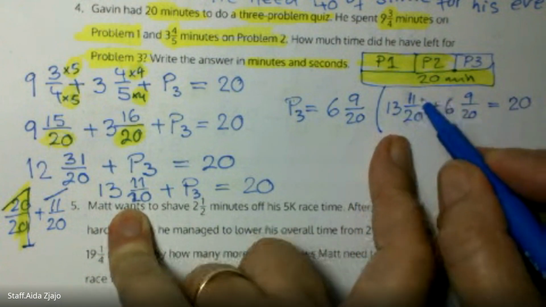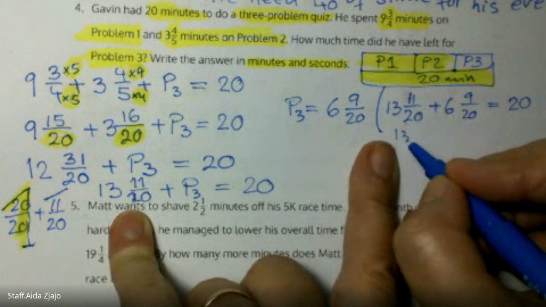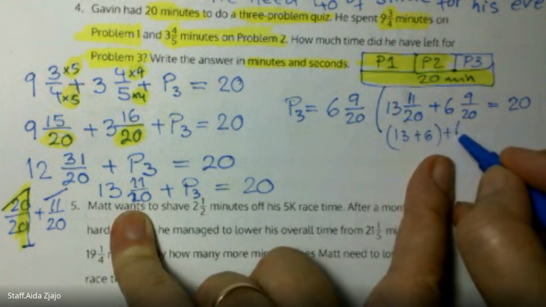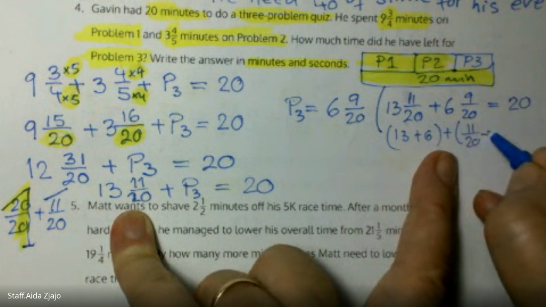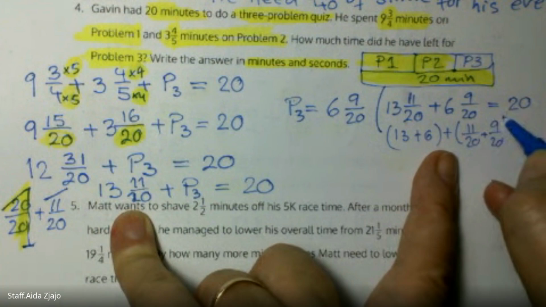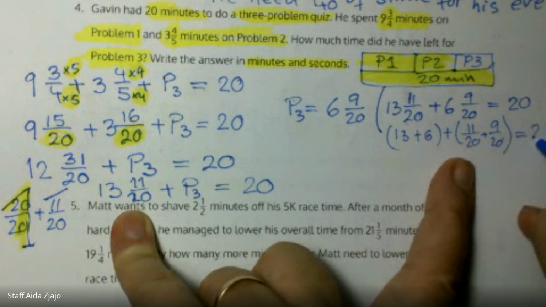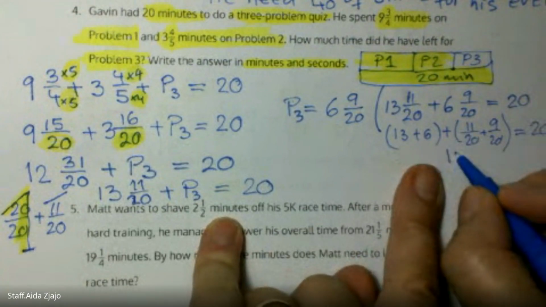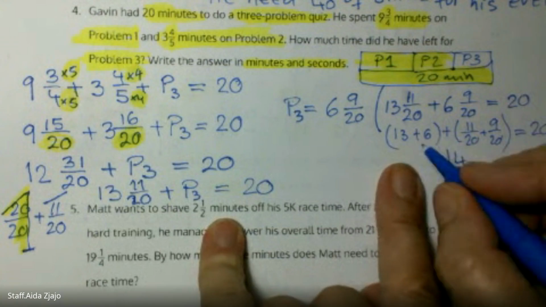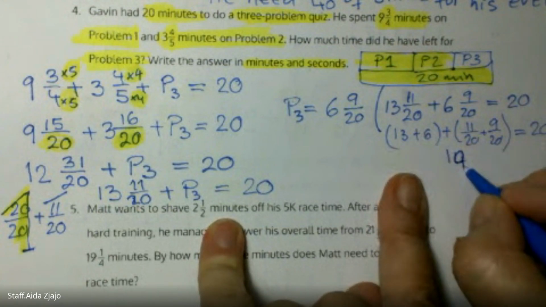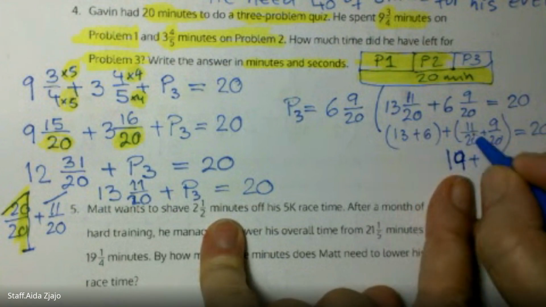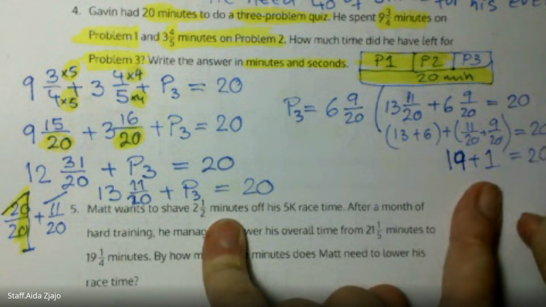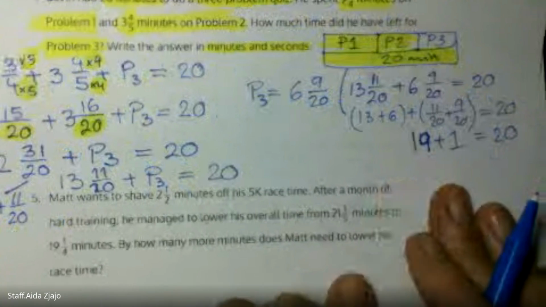So 13 plus 6 is 19, but 11 20ths plus 9 20ths is 20 20ths, that is 1. Oh, sorry, 19 plus this 1 equals 20. So 19 plus 1 is 20.